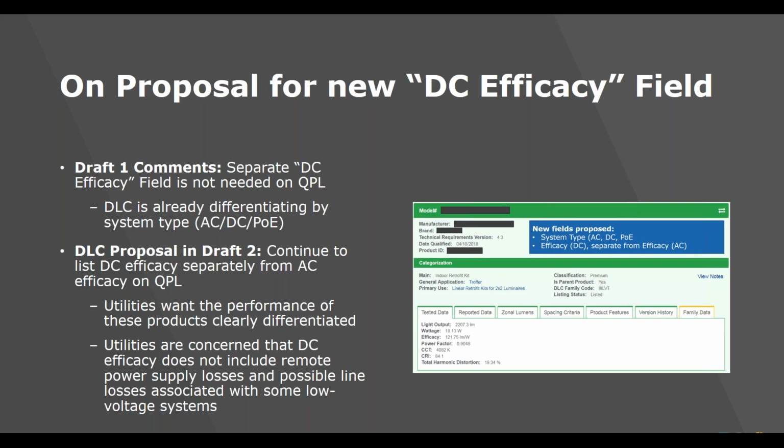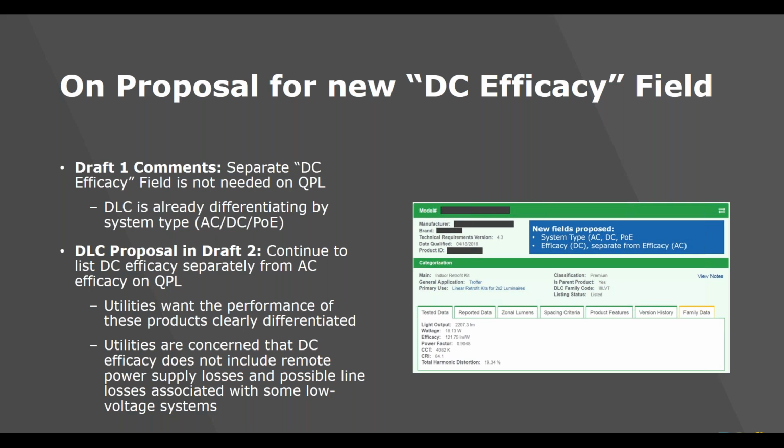A new field for system type, which would be applied to all products and identify products as either an AC product, a DC product, or a PoE product. Separate from that, there would be a new field added for DC efficacy, which would be a different field from the efficacy field we have traditionally used for AC products. So we'd be bifurcating that, with an efficacy DC field and an efficacy AC field.